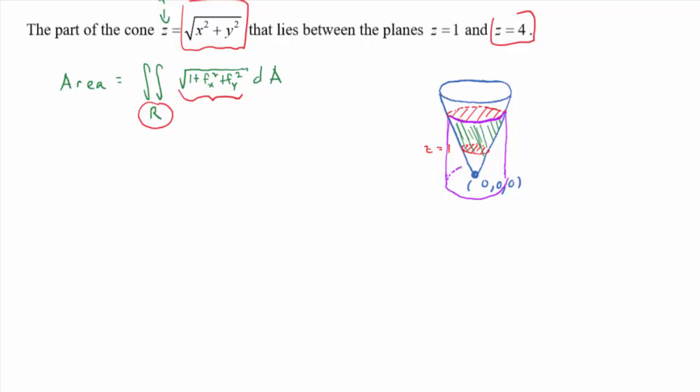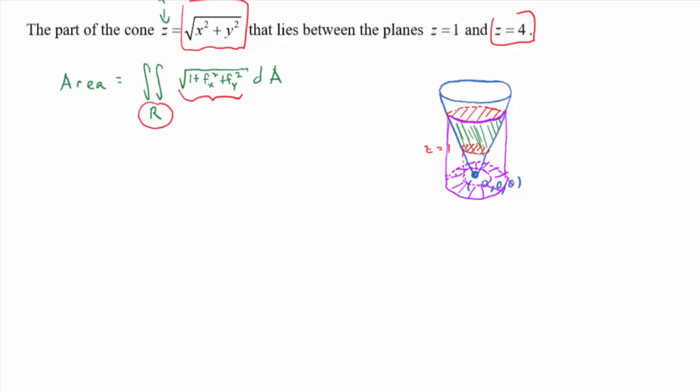In the xy plane, right? But we're also projecting this edge down, aren't we? And so we're not going to count the part in the middle. This is the hole, right? We're not counting that part. Really what we're looking at then is, well, it looks like a donut or a tire, right?